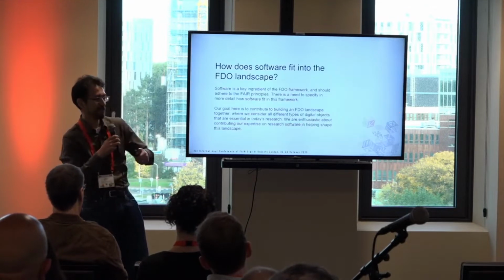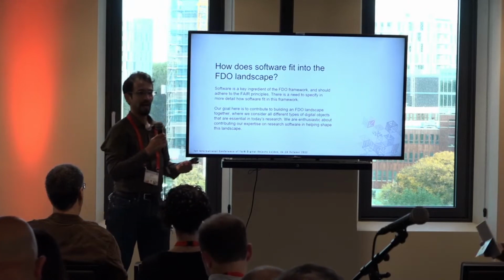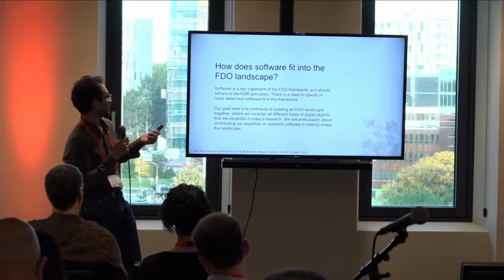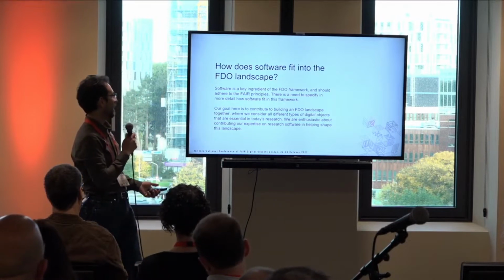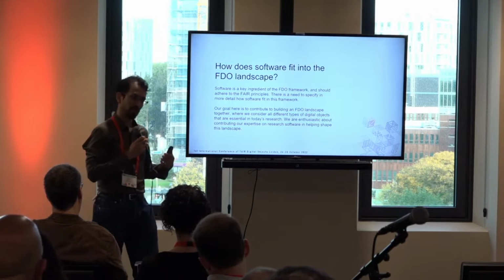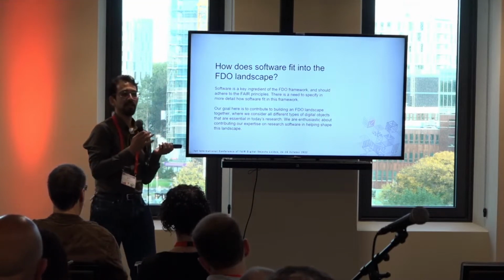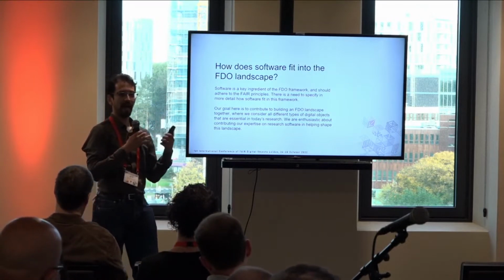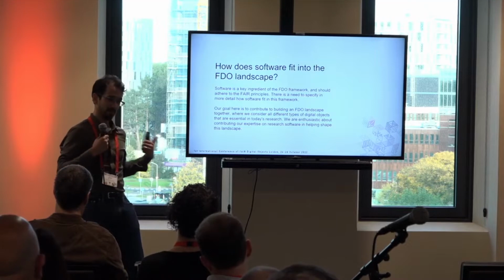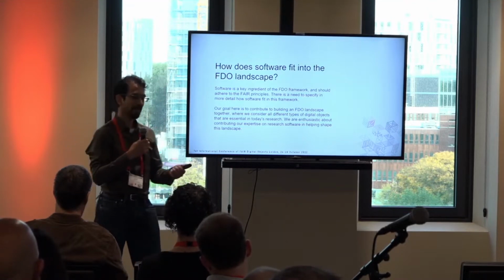Okay, so how does this fit into the FAIR digital object landscape? From my point of view, software is a key ingredient to the whole landscape. The software that we use should also adhere to these software principles. But I think there needs to be a little bit more specification, a little bit more detail in how this is done and how we make the software that supports this process reusable.